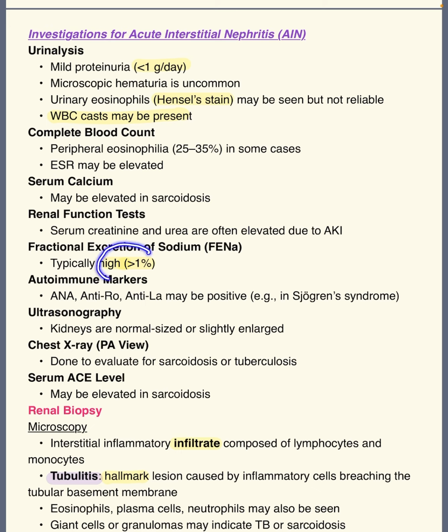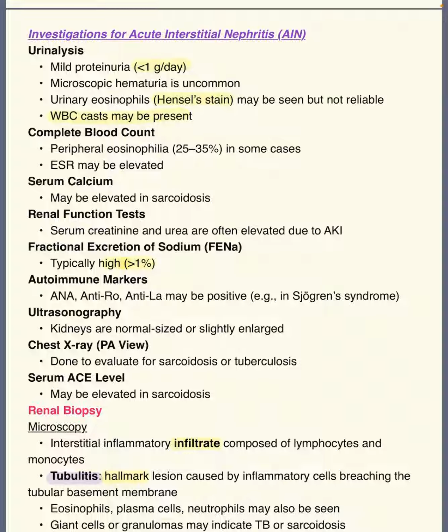Fractional excretion of sodium, that is FeNa, more than 1% is consistent with acute interstitial nephritis and intrinsic AKI. Imaging. Ultrasonography is usually normal or shows slightly enlarged kidneys.